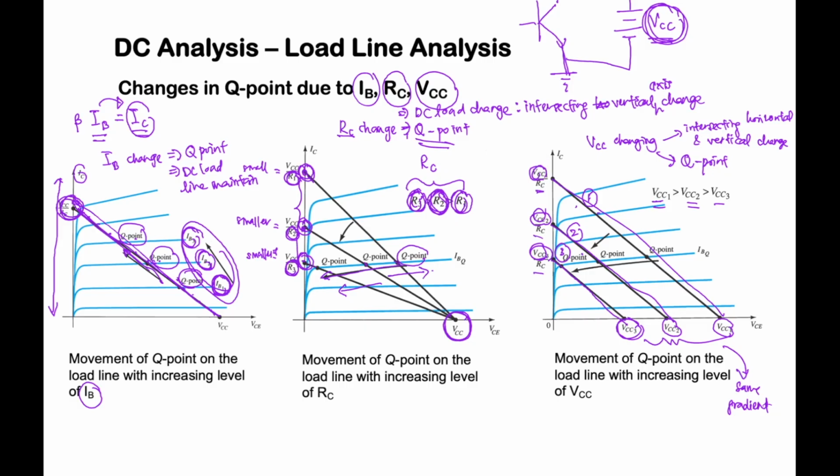So the first DC load line and the second DC load line have the same gradient. The same goes for your third DC load line. So this is the effect when IB, RC and your VCC are changing.